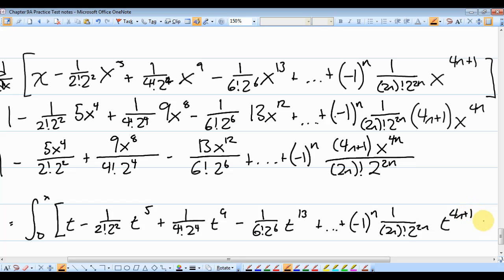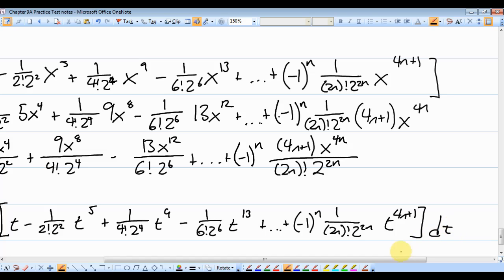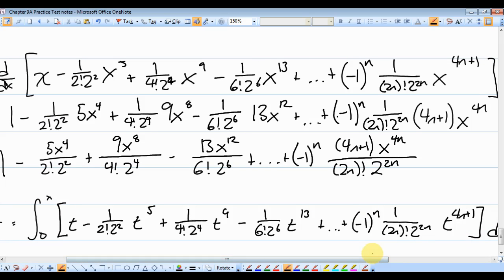N plus 1 dt. So it looks very intimidating. It's not. You're only taking the integral of the t part. Everything else is constant.